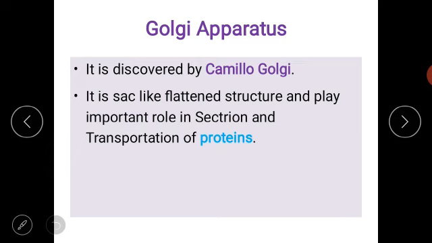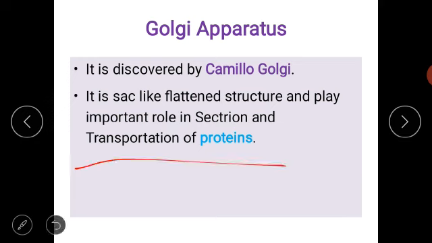The next cell organelle is the Golgi apparatus. It was discovered by the scientist Camillo Golgi, and depending upon his name, the name Golgi apparatus is given to the cell organelle. It is a sac-like flattened structure and plays an important role in secretion of biomolecules and transportation of proteins.